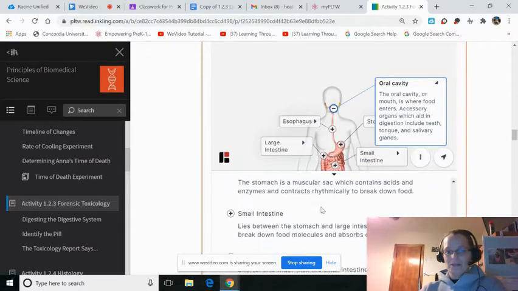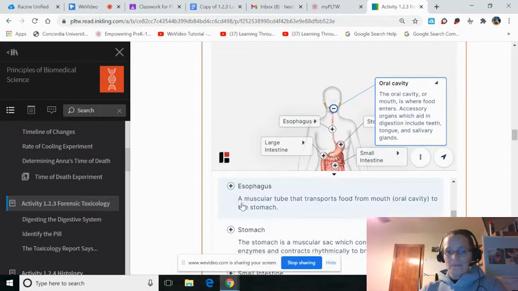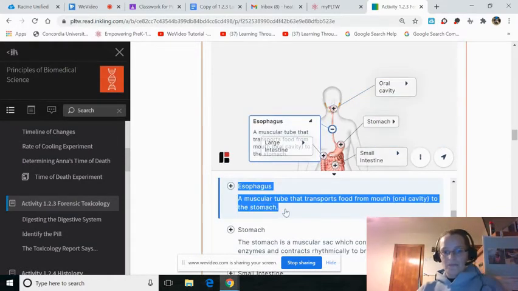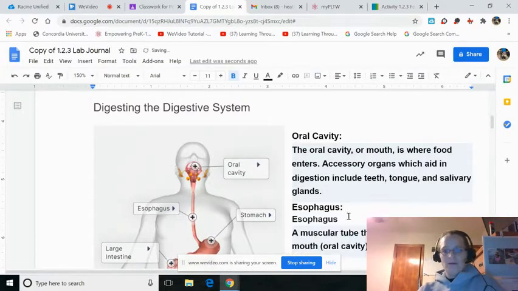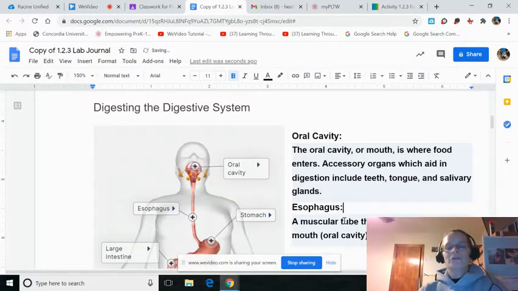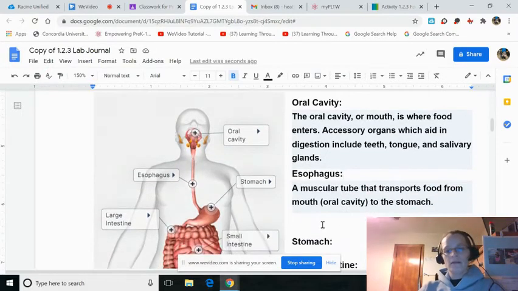So that's what I'm doing here. There we go. The tube that transports food from the mouth to the stomach. Control. There we go. So I'm going to delete that. And your esophagus is behind your trachea, which is your windpipe. And your esophagus generally tends to lay flat until it's having food swallowed through it.